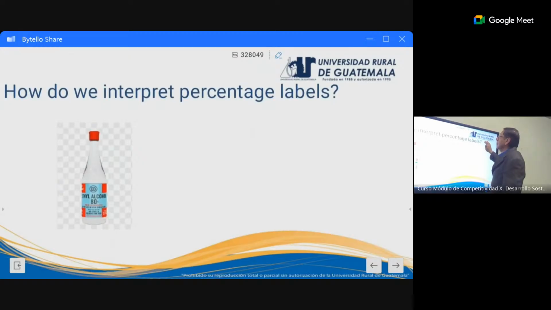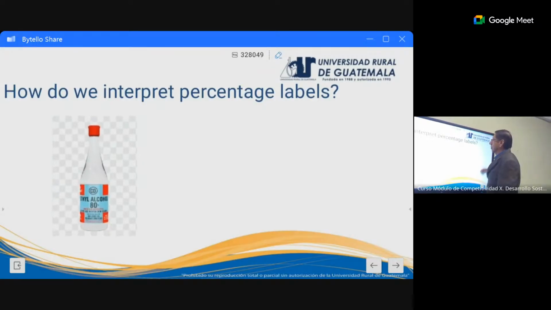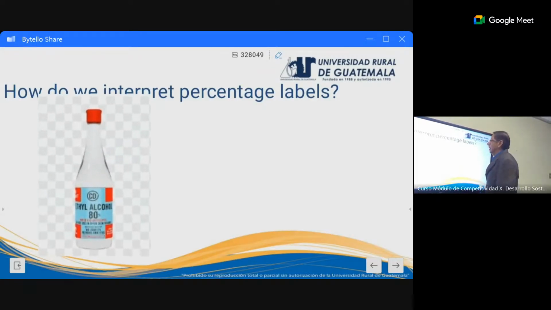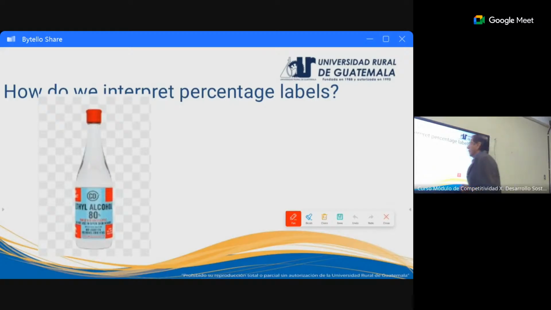how do we interpret percentage labels that we usually see in our daily life? Let's check. When we have a label like this one here, we can see that this information is like the next I'm going to explain here.